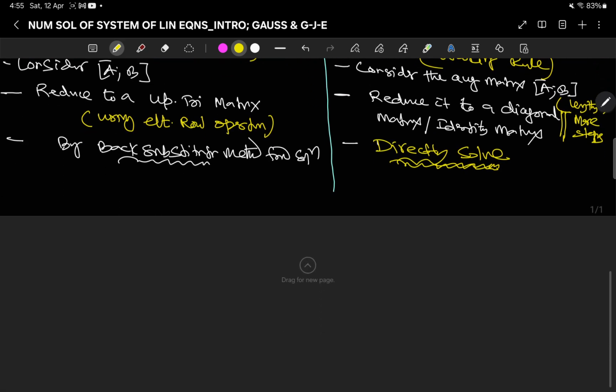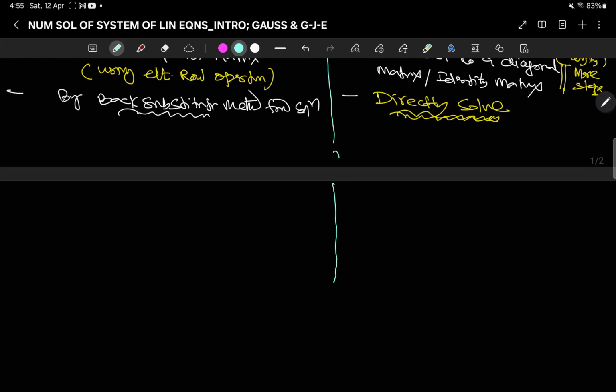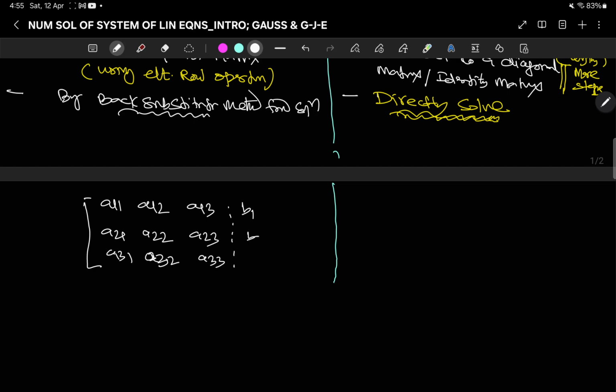That means what we are doing? Here you are given a matrix A11, A12, A13, A21, A22, A23, A31, A32, A33, and you draw a line. You write the right hand side B1, B2, B3.